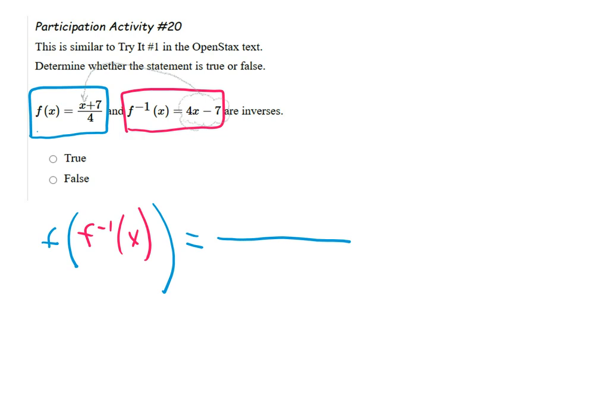So instead of x plus 7 over 4, you're going to plug in the 4x minus 7 where the x was, and then simplify it. And in the numerator, a minus 7 and a plus 7 cancel out, so I'm left with 4x over 4, and then those 4's cancel out, and I'm just left with x.